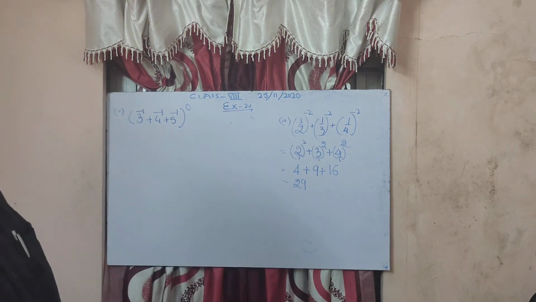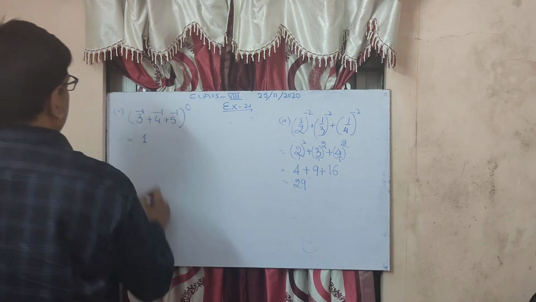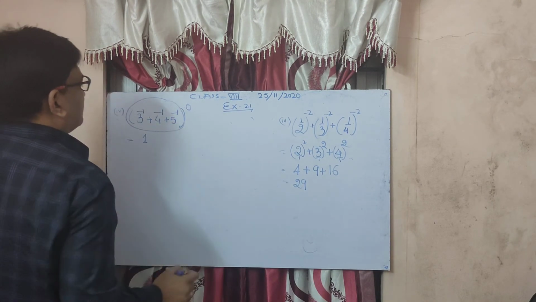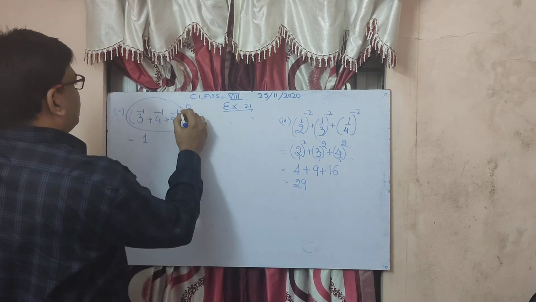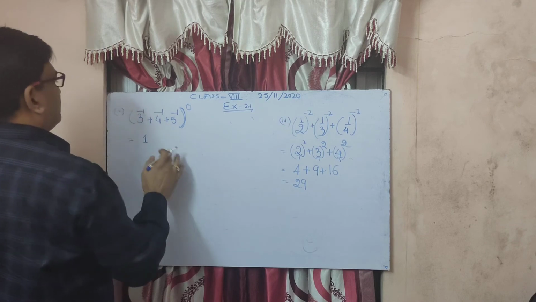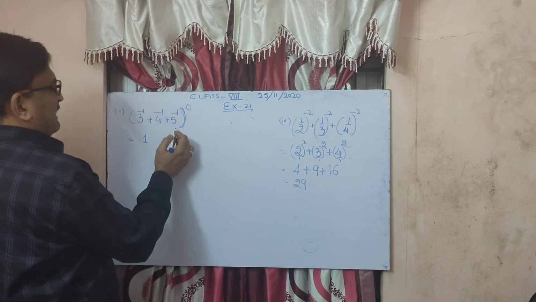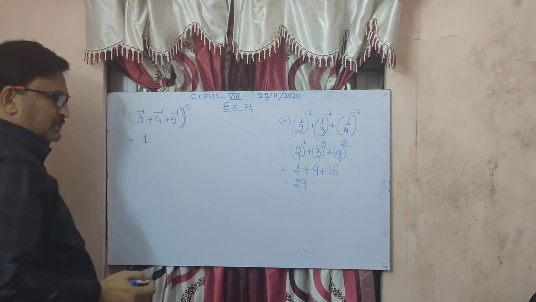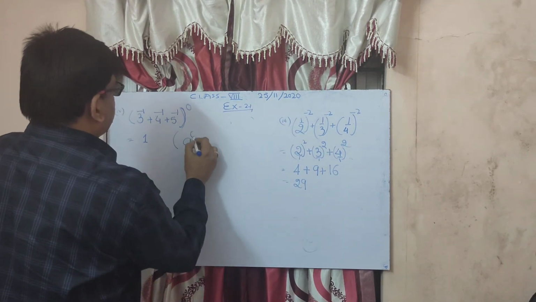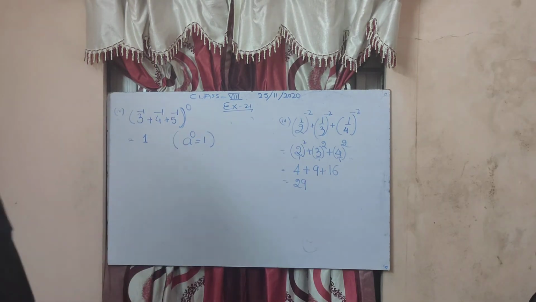Anybody guess what is the answer? The direct answer for it is 1. Why? Anything raised to 0 is 1. If the bracket is not there, then the answer would be different. But all these three are included in a bracket and the power is 0. So therefore the answer is 1.